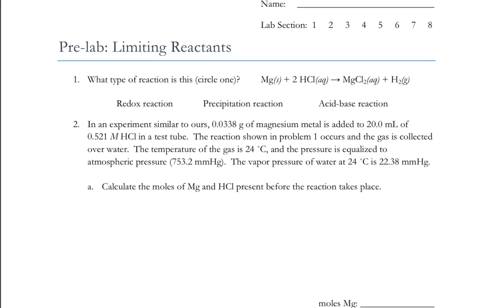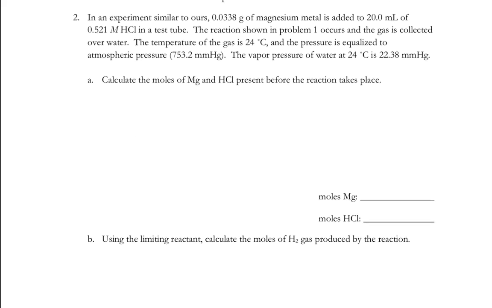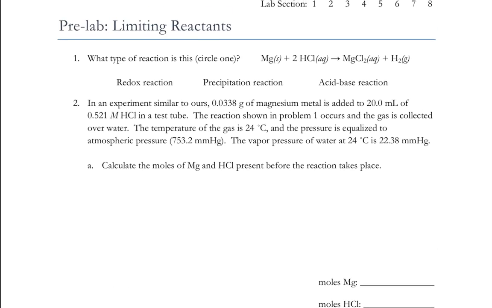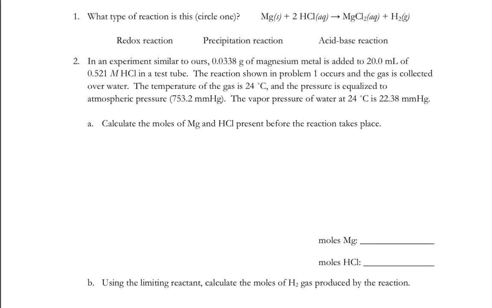Okay, problem number 2. In an experiment similar to ours, 0.0338 grams of magnesium metal is added to 20.0 mLs of 0.521 molar HCl in a test tube. The reaction is shown in problem 1, so the reaction that's occurring, the same one we've dealt with.